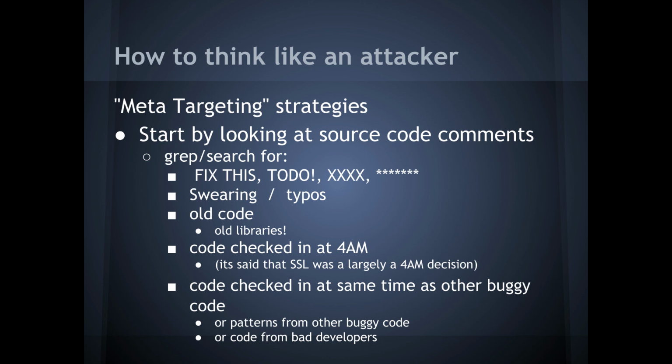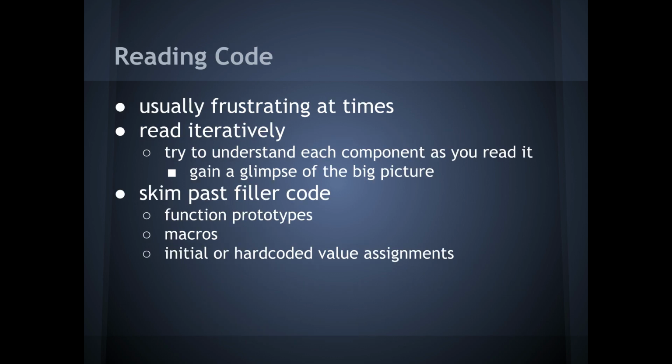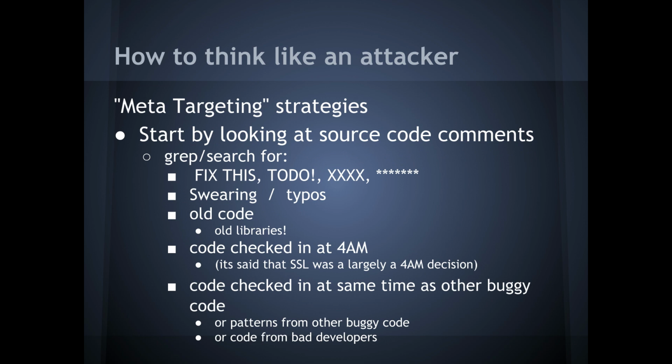Also, if you happen to find systemic bugs by one developer, look through his other stuff, and perhaps also, if it's a large amount of code, just target code checked in at the same time as the other bugs, and look for patterns from that buggy code or stuff like that. It's really preying on the weak, a lot of these strategies, but it does pay off.